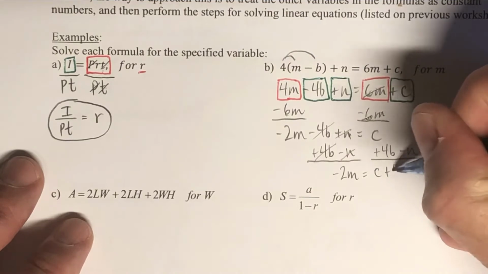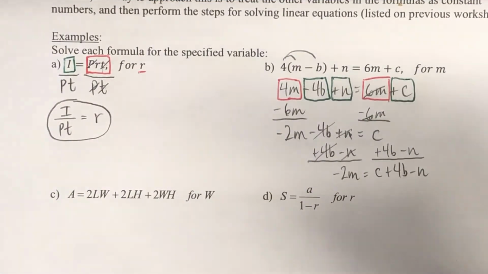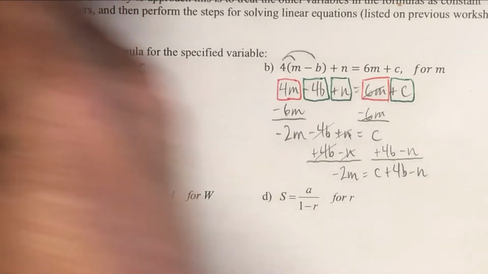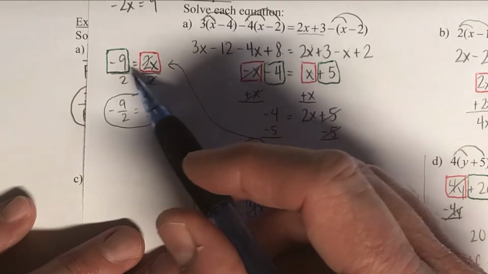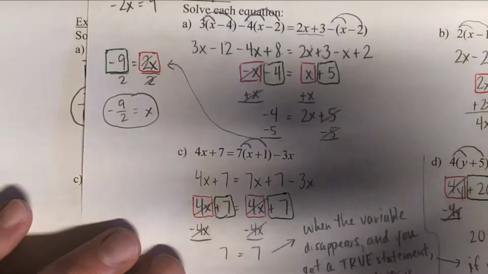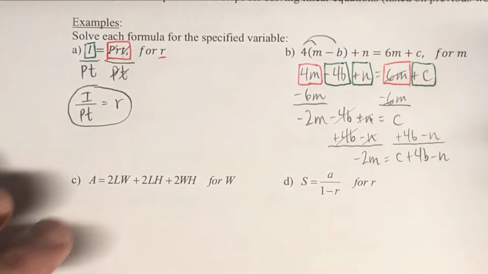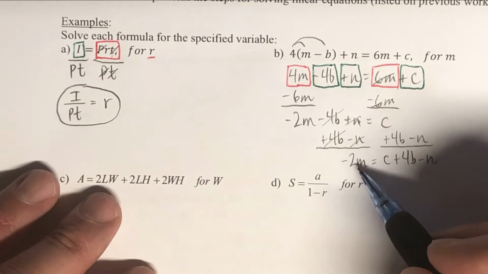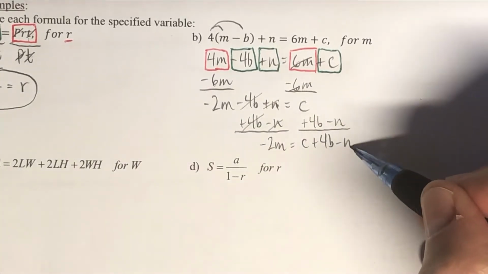These do not combine because they're not like terms. It's okay that it's that way. What's important, you guys, I know I said before that if you have a single red one and a single green one, you can divide. But what's really true, it's just that we've never run into this before until now. What's really true is that if you have a single variable term, even if you have a bunch of constant terms on the other side, that's okay.